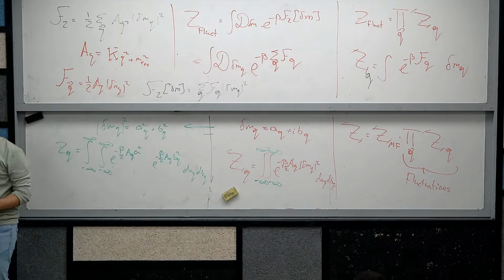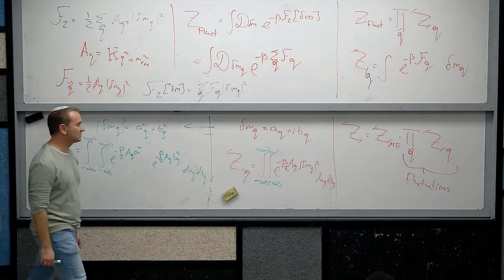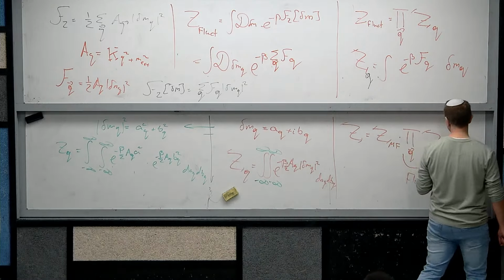So I have a double Gaussian integral that describes Z of Q.